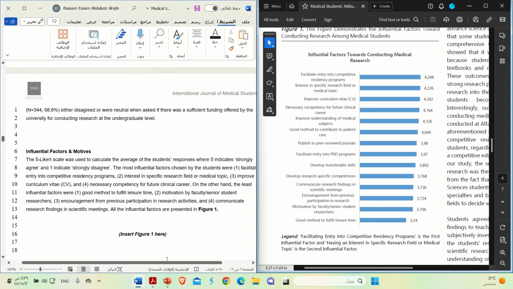So you want to do this, and it really simplifies everything. I think once you design the tables, it makes it much easier to just write the result section instead of having the data and not analyzing it. Once you have clean data and you can input them in tables and figures, it makes it much easier to write the result section.